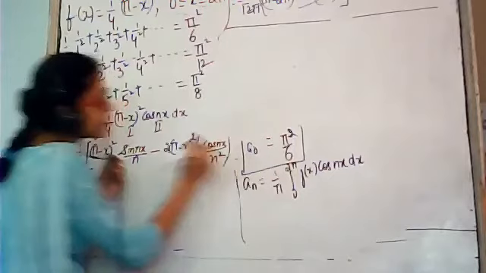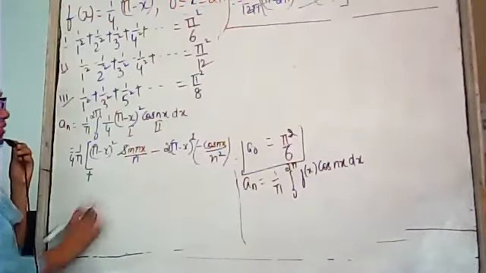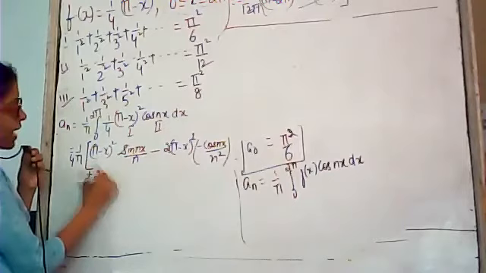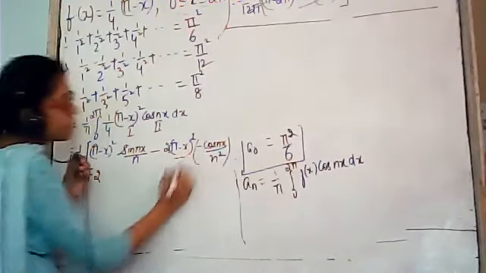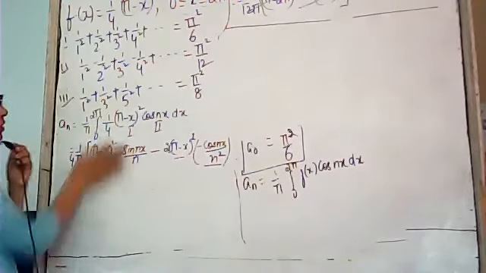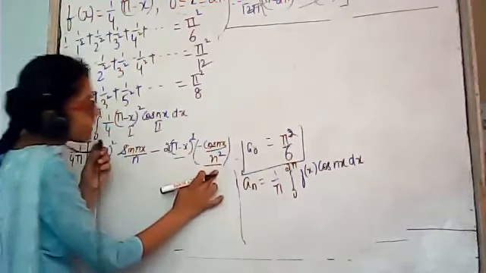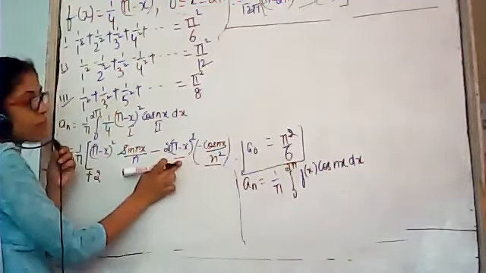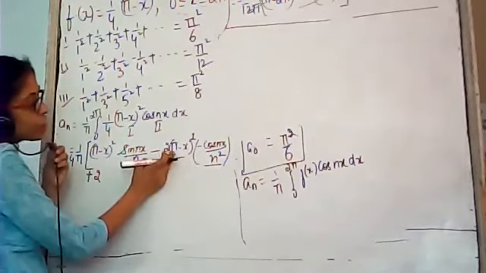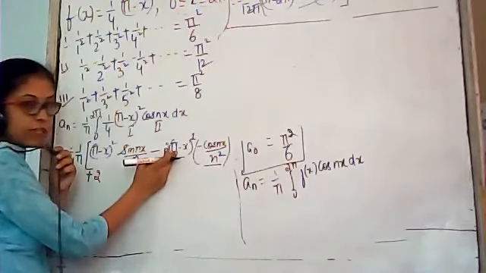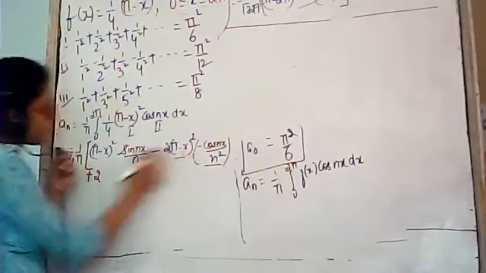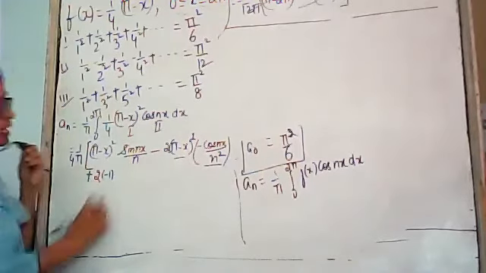Okay? After that, there will be a positive sign. This 2 will be as it is. Leave this term now. Now this is the first function and this is the second function. Differentiation of pi minus x: differentiation of pi will be 0, differentiation of minus x will be minus 1.